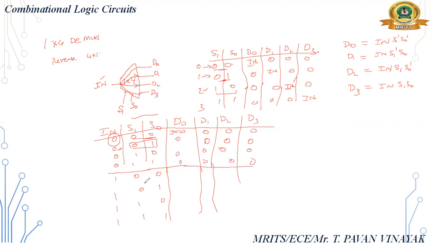Next, IN is equal to 1 now. Means D0 will get 1. 0, 1 means D1 will get 1. 1, 0 means D2 will get 1. 1, 1 means D3 will get 1. Remaining all are zeros.